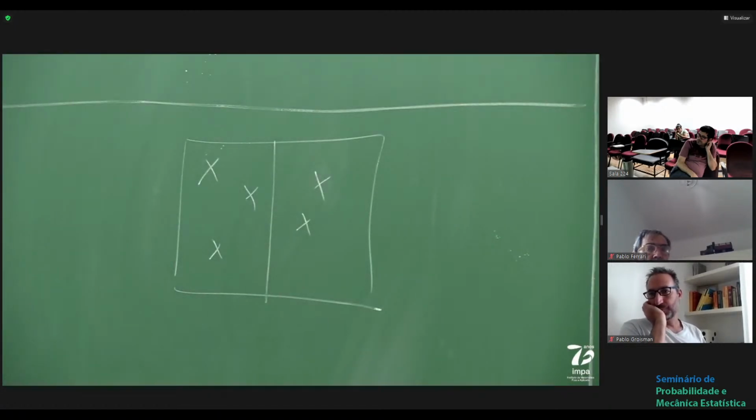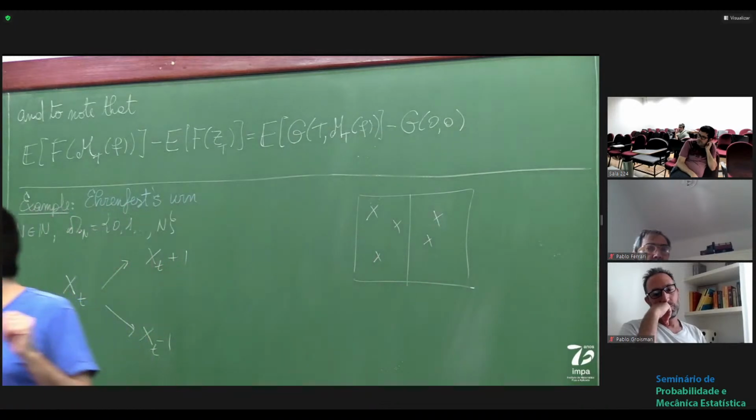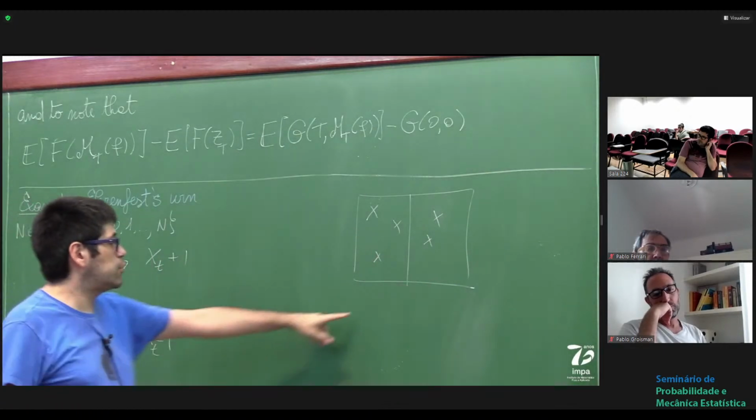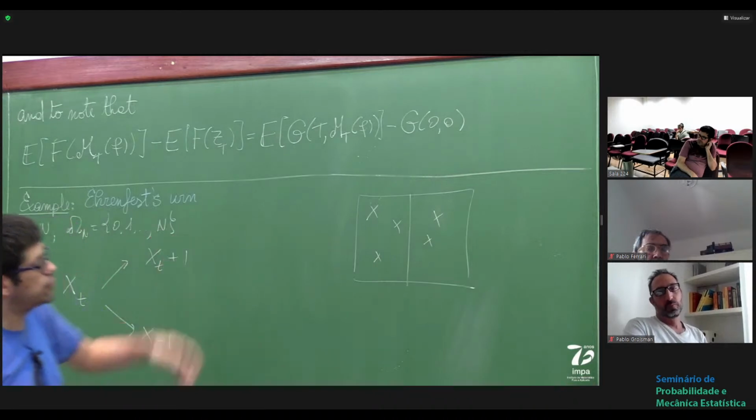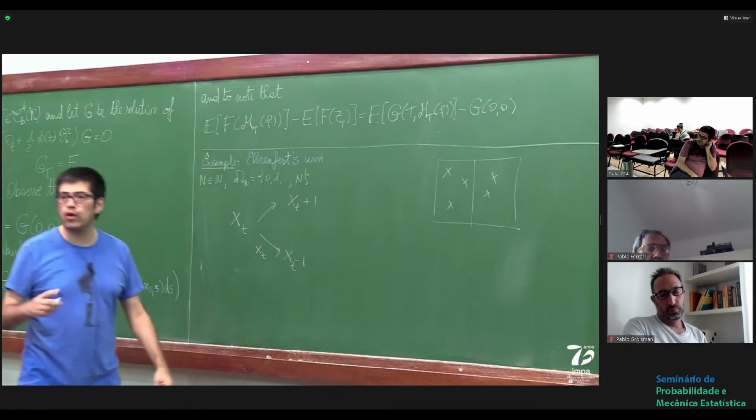Each particle wakes at an exponential time of rate 1, and it decides to change side. So Xt is the number of particles on, let's say, the right box. Then it goes to Xt minus 1, which is the easiest one, with rate Xt, right? Because it's rate 1 for each one of the particles.